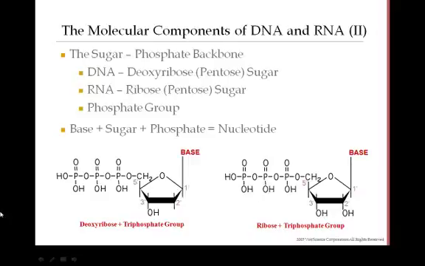Nucleotides, in addition to describing the molecular components of DNA, are frequently used as units of measure to describe the length of a DNA or RNA molecule. For example, a segment of DNA or RNA can be said to be a specified number of nucleotides long. In addition, nucleotides can be a measure of distance. In this case, the nucleotide unit describes the number of intervening nucleotides between one position in a DNA or RNA molecule and another.